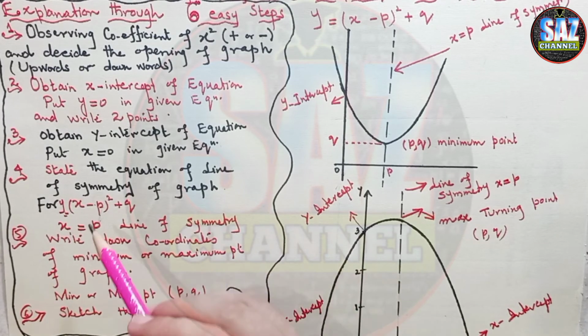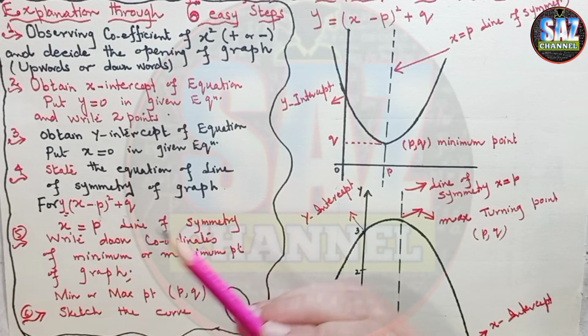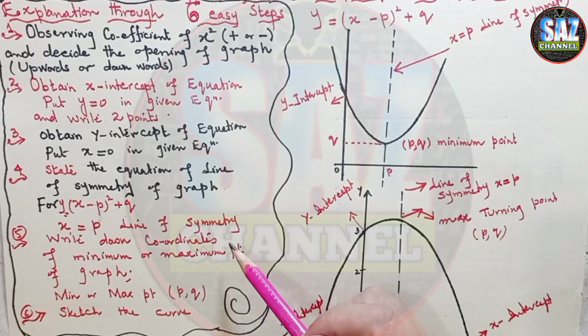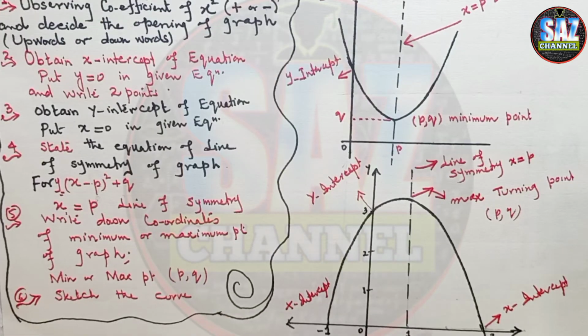And then what we have to do, we have to join this p and q to find the minimum or maximum turning point, and then we have to sketch the graph. I hope these are the two situations which you will be getting while sketching the graph of quadratic curve. Watch, understand and keep this 6-point summary in your mind to get the better sketch of the quadratic graph.